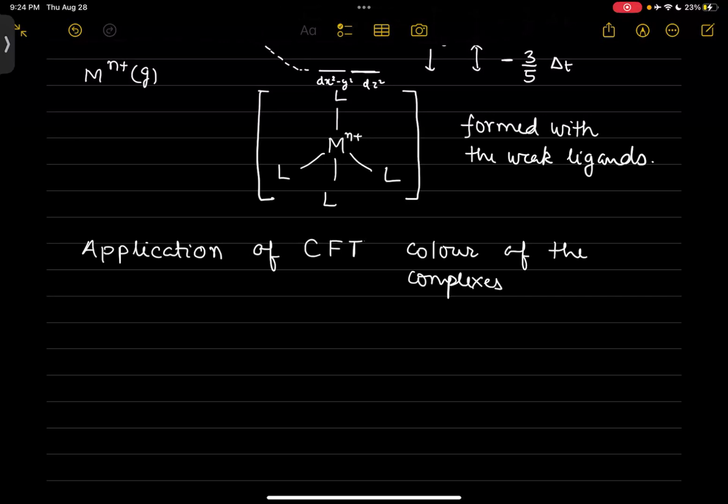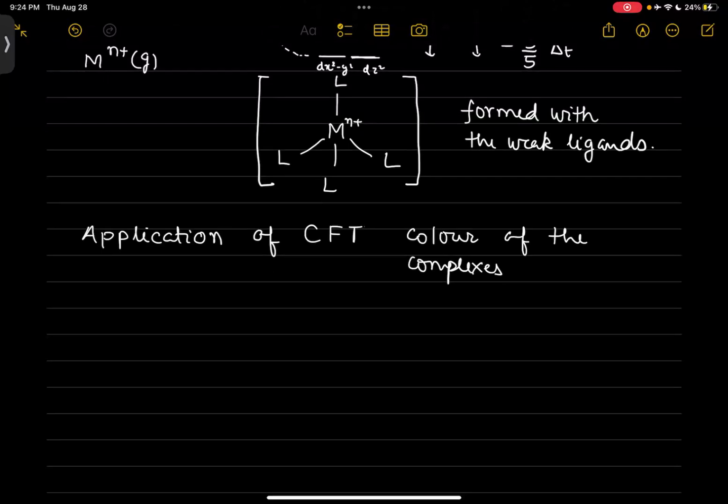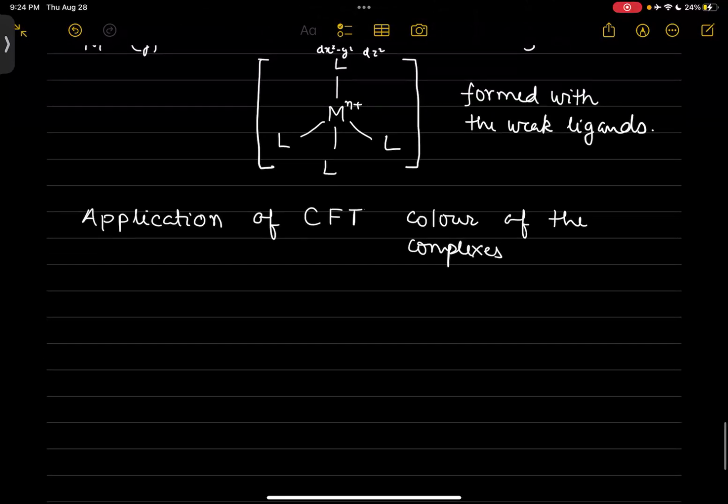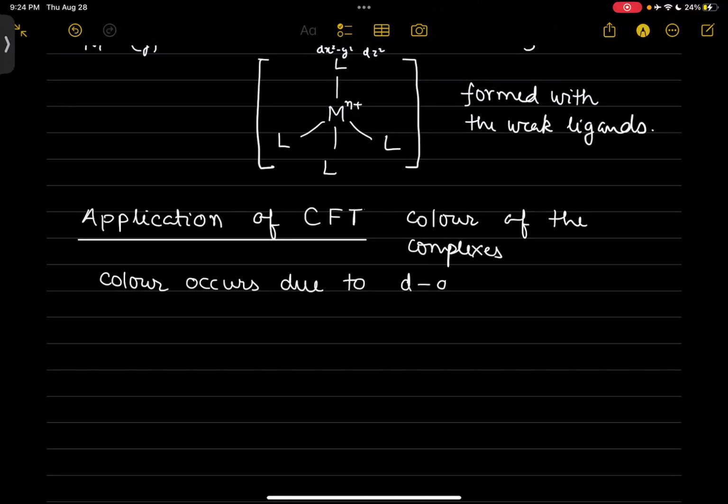So first thing I need to explain to you is that the color occurs due to DD transition.